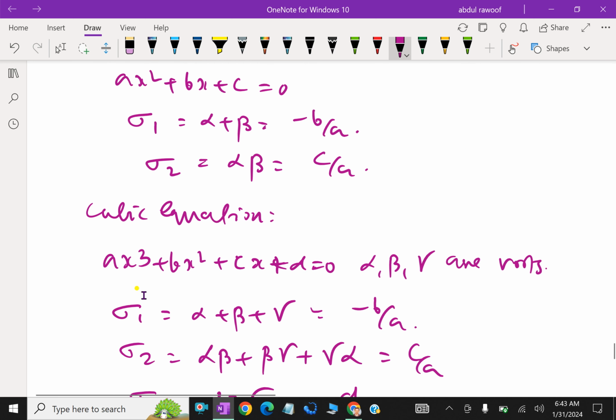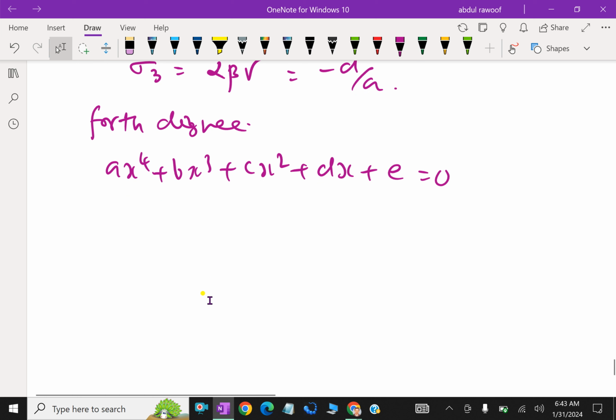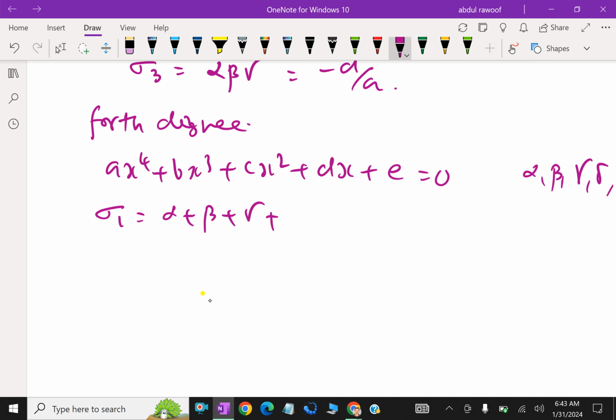Now the same procedure. Here alpha, beta, gamma, delta are four roots. Then sigma 1 is the sum of the roots, alpha plus beta plus gamma plus delta, which is equal to minus b by a.